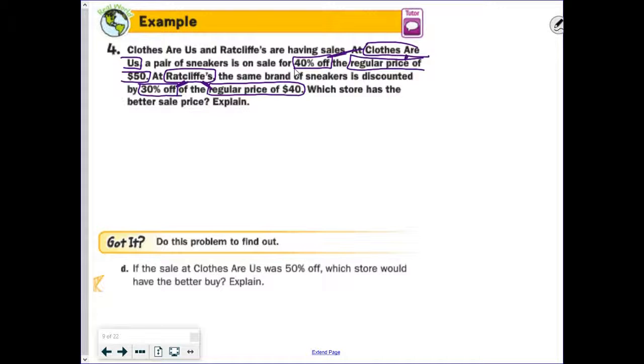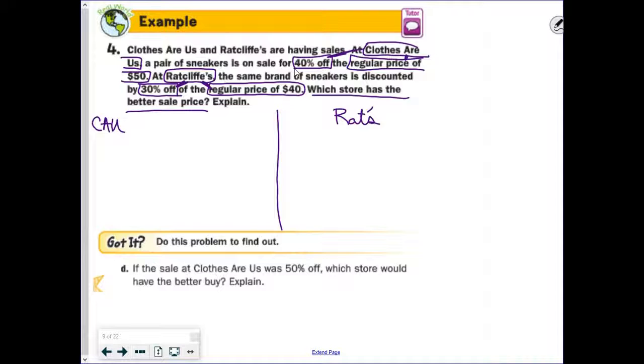It says which store has the better sale price. So what we're going to need to do here is find the sale price of both stores. So Clothes R Us versus Ratcliffe's. So 2 different problems.